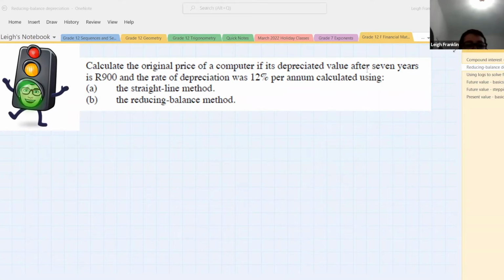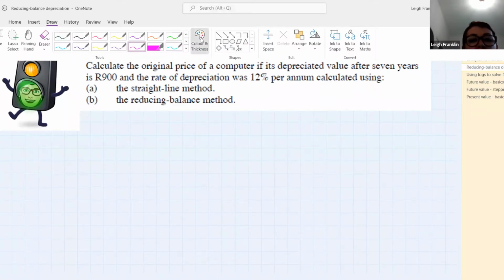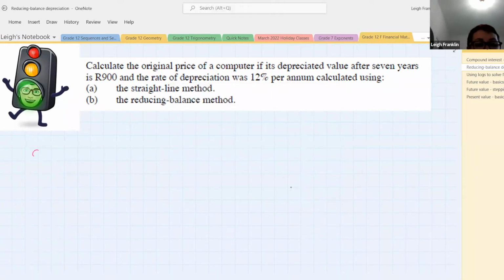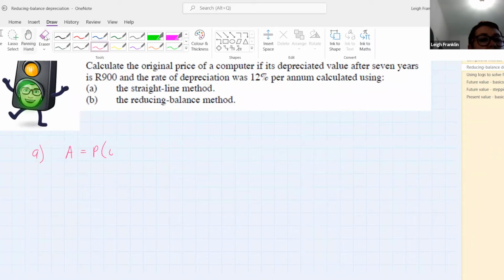So in the first case here, we have been given a hint. They have told us that it is the straight line method. So the straight line method of depreciation is A equals P(1 minus iN). Sorry, I wrote an I and I meant to write a 1.